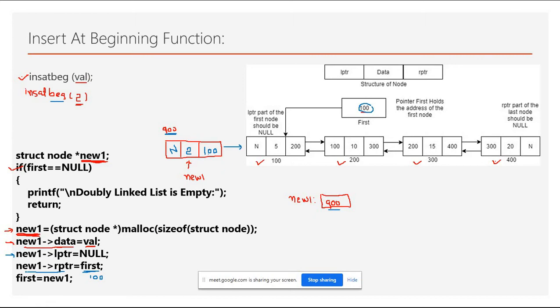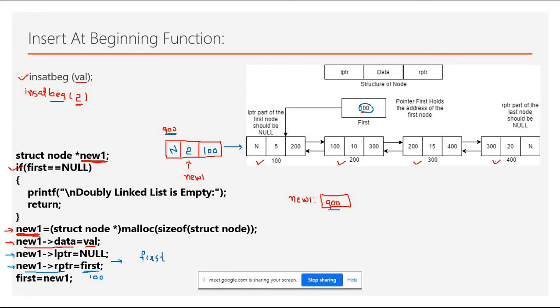So 100 we are just copying here, and once you put 100, a link will be established like this. Now furthermore, we are setting first is equal to new one. But before this, you need to write one more line here. So what is first?